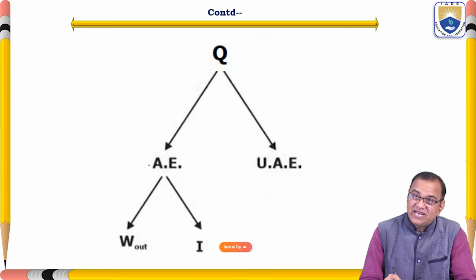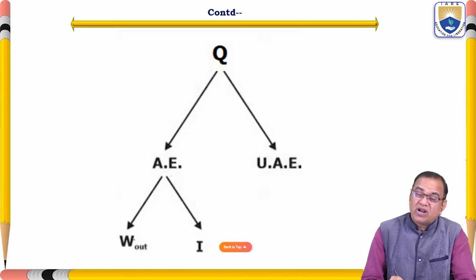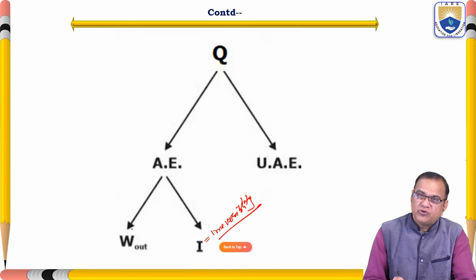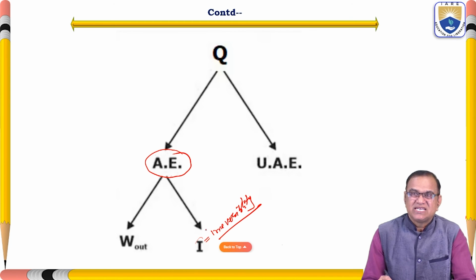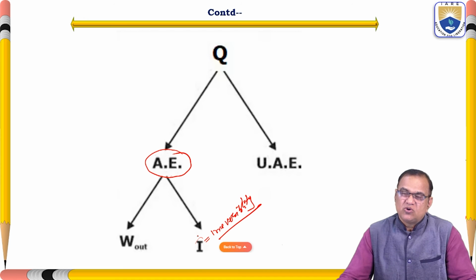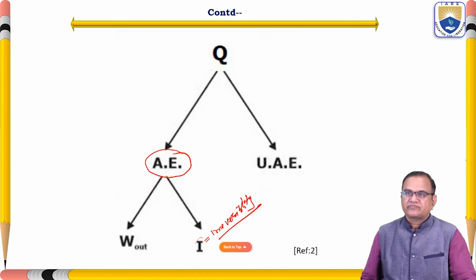From the available energy, this is the work output, and this is the irreversibility. Some energy will be wasted by this. So if this is the total energy available, some work we are getting exactly, but there will be some losses. These losses are indicated by this irreversibility effect. So in this way, we can get it.